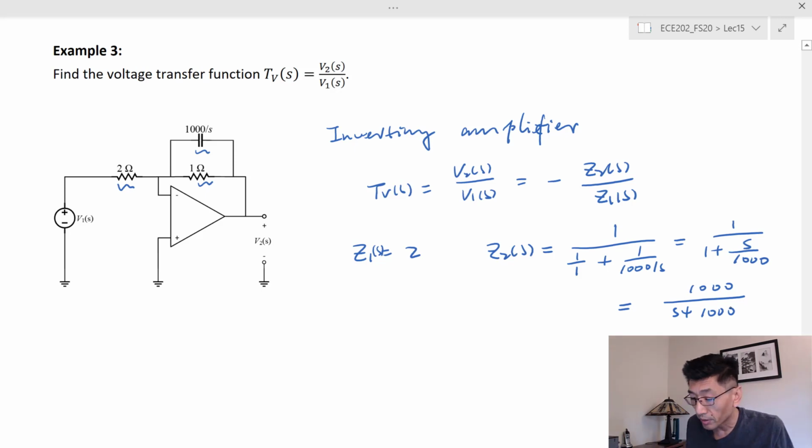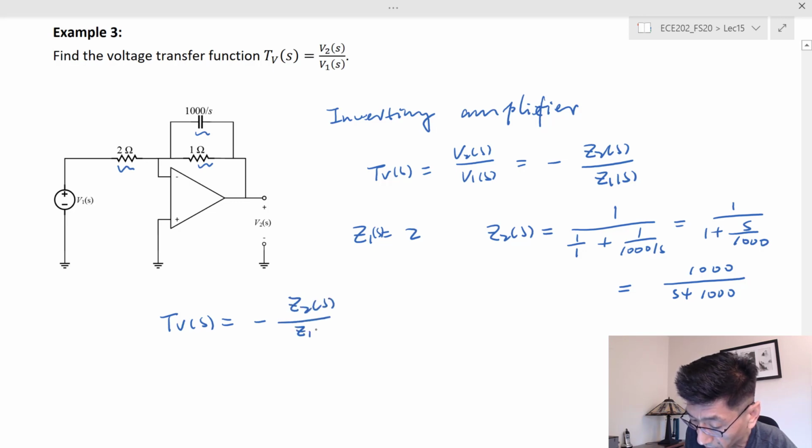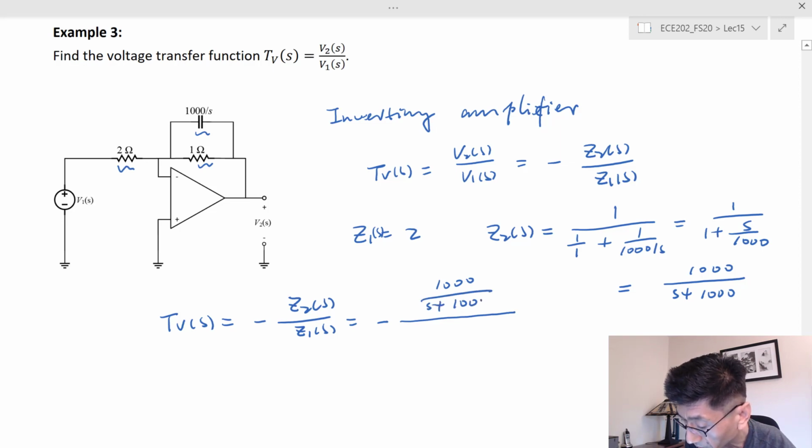Right, so in this case we get the transfer function, TVS, is equal to negative Z2 of S over Z1 of S. That's equal to negative, Z2 is 1000 over S plus 1000, and Z1 of S is just equal to 2, so we get negative 500 over, let me write it down here so it doesn't interfere with the other things.